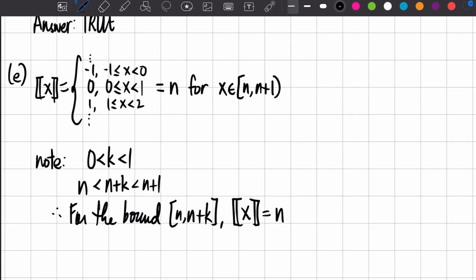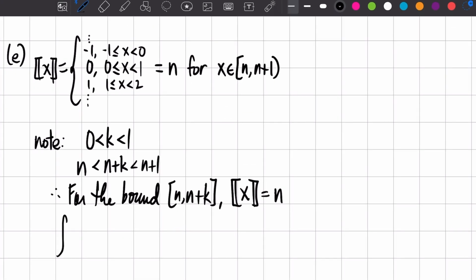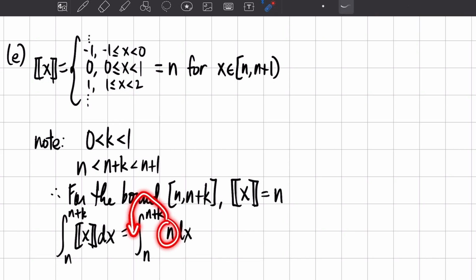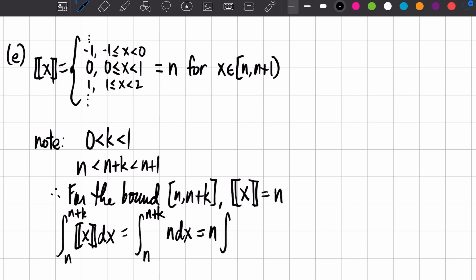And so, the integral of the greatest integer of x with respect to x from n to n plus k, we can replace that with the integral from n to n plus k of n dx. And since this is a constant, we can just put that outside. You have n times the integral of dx from n to n plus k.